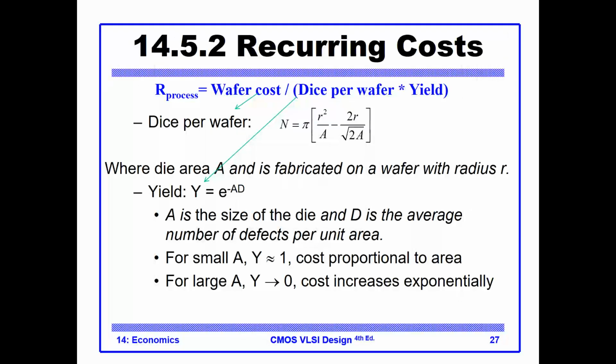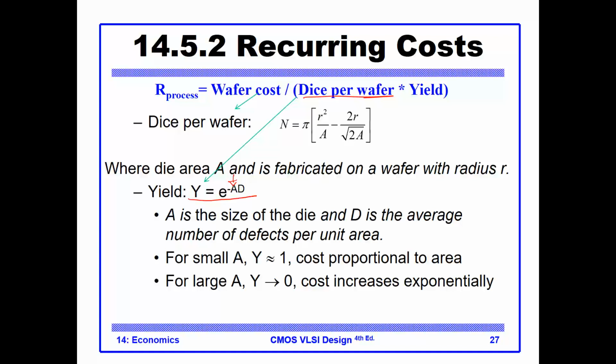All right. The yield, which is for the package and the die, we can approximate as e raised to the minus A times D. A is the area of the design, or the die in this case, and D is the defects per square centimeter.